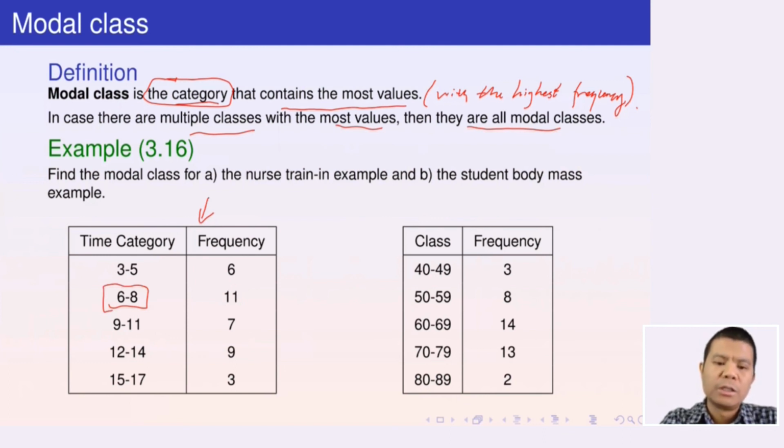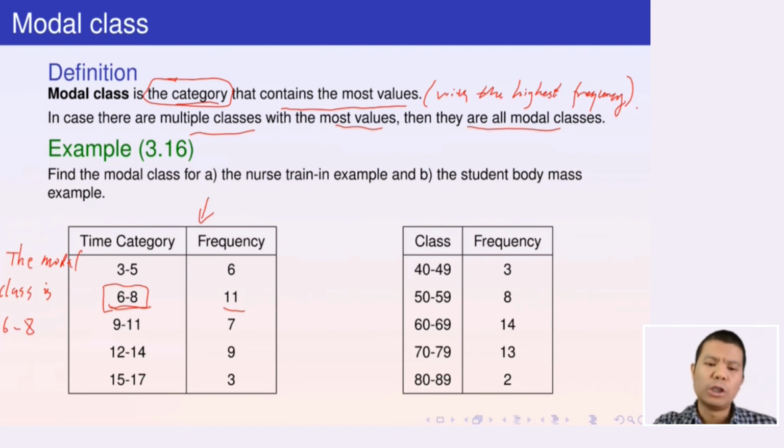This category 6 to 8 has the most values. There are 11 of them, right? So the modal class is 6 to 8. Be careful, it's not the frequency. It is the class with the highest frequency.